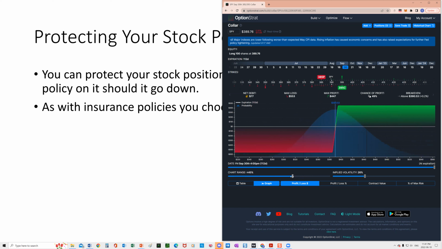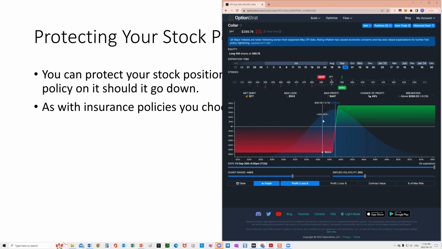Okay, so if you want to protect your downside, like if you're holding a large position in the index, and you don't want to be subject to huge swings, right? So if you got a boatload of Tesla, and you know how Tesla moves, well, if you want to hold the stock, you can buy a put, which protects you to the downside, and you can finance that by selling a call.